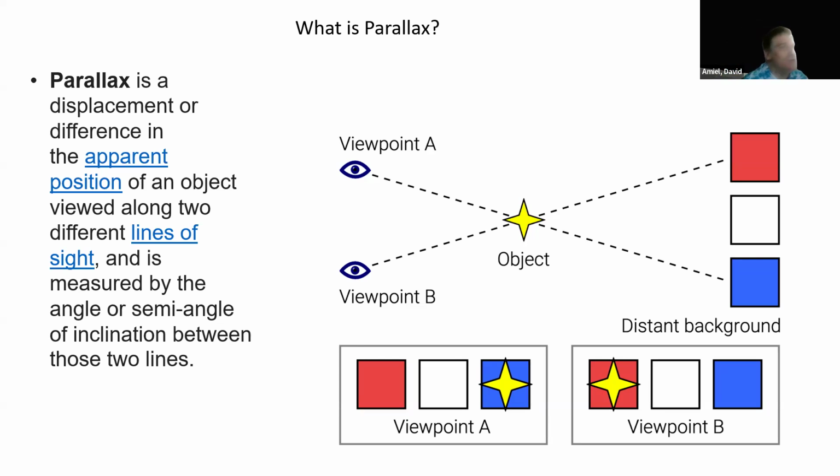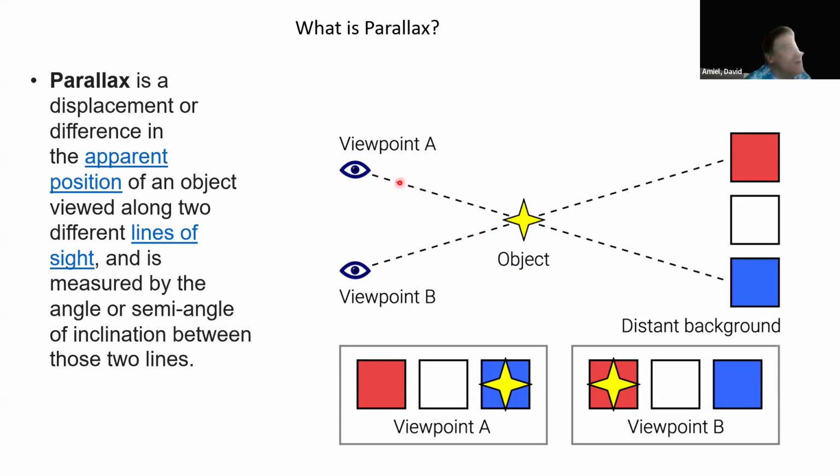So here you're seeing in this picture some closer object. This is like your index finger. This is your eyes, viewpoint A, viewpoint B. And these are the background stars. Like now, if you put, say, a line of trees behind your index finger as you're doing all this.